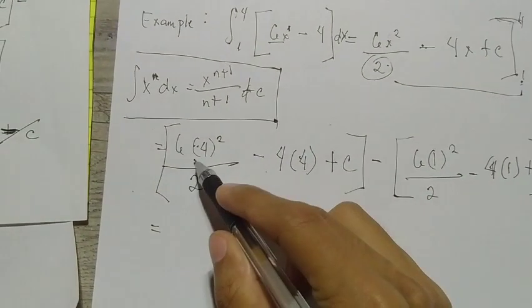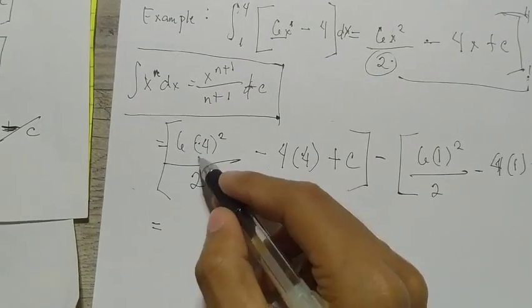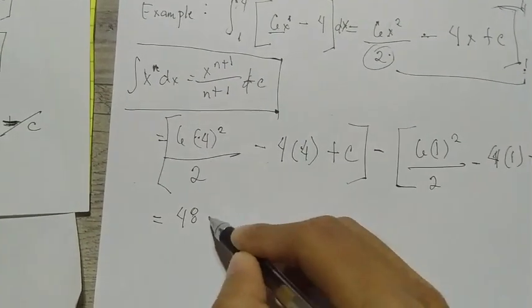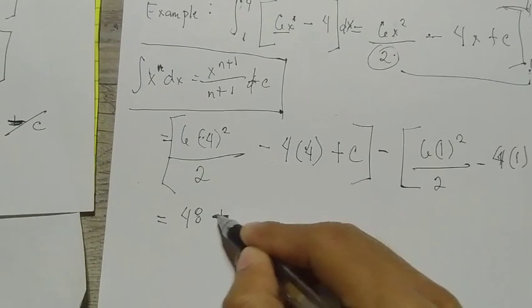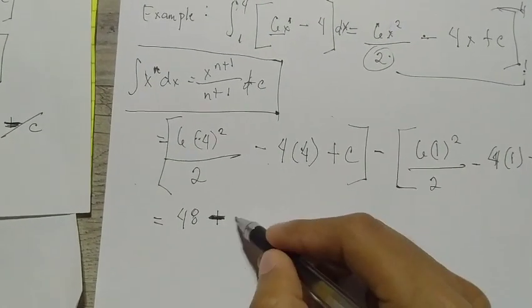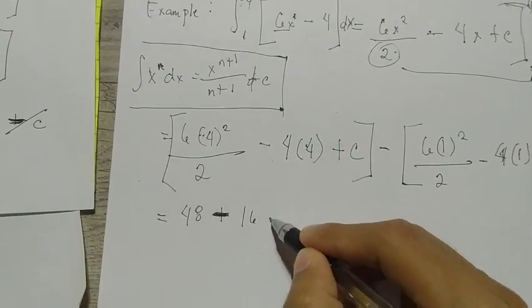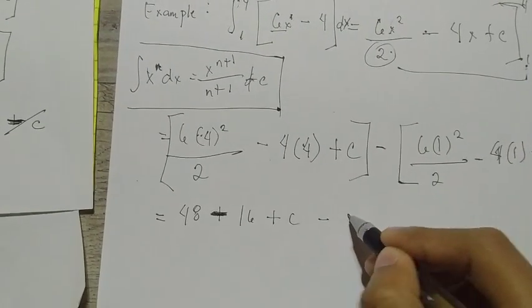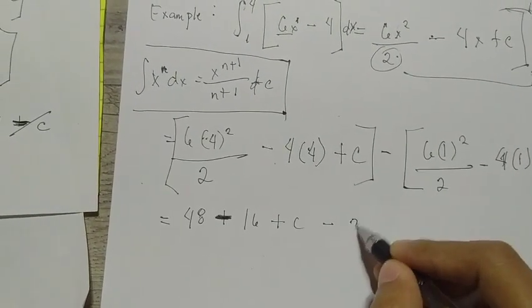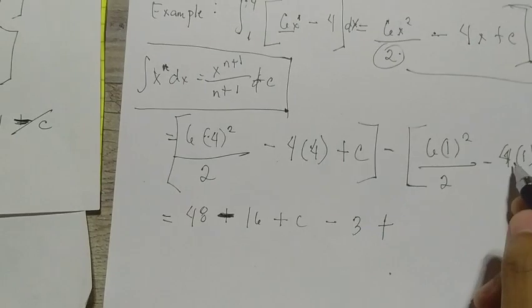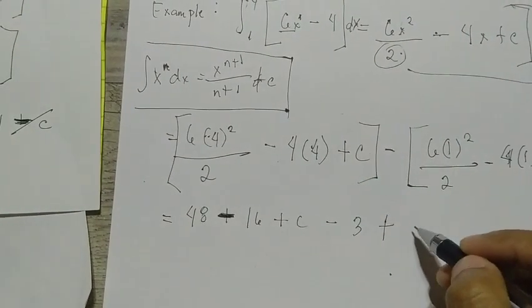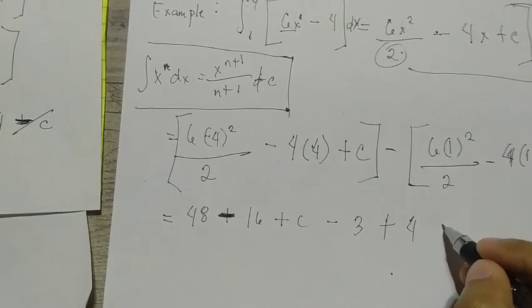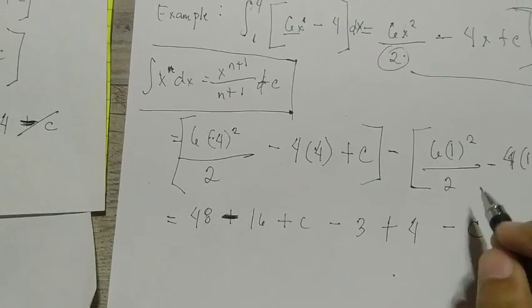So this is equal to 48 minus 16 plus c, minus 3 plus 4 minus c.